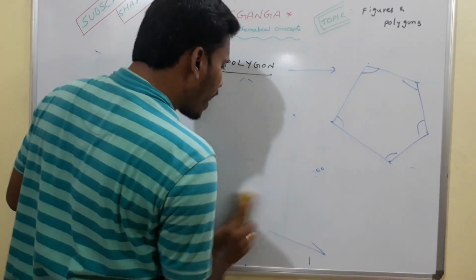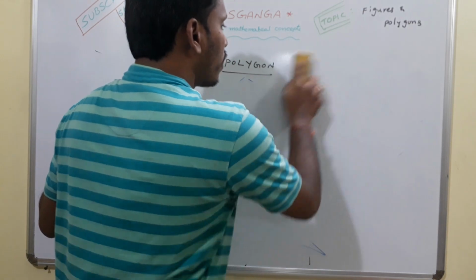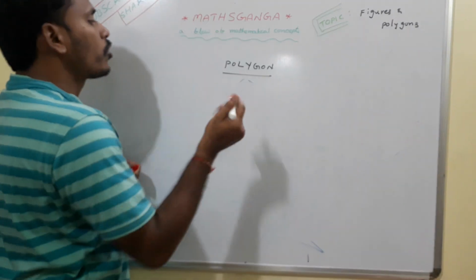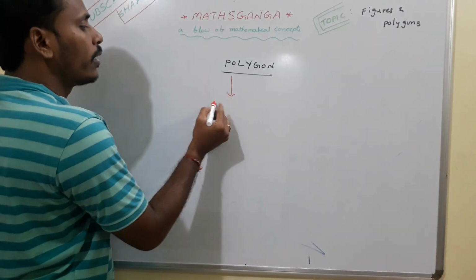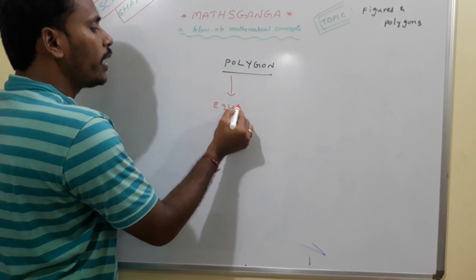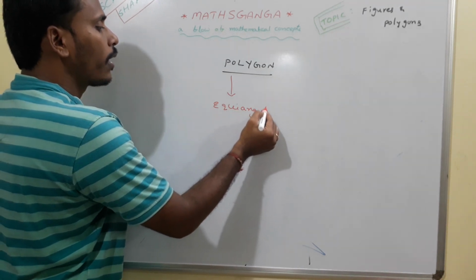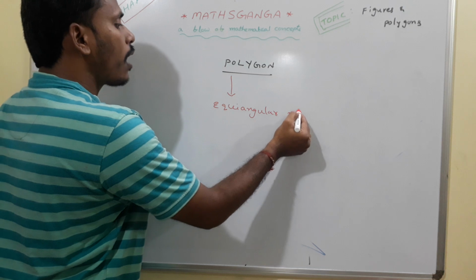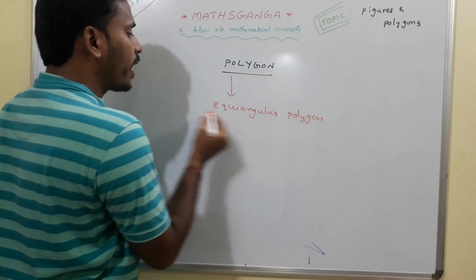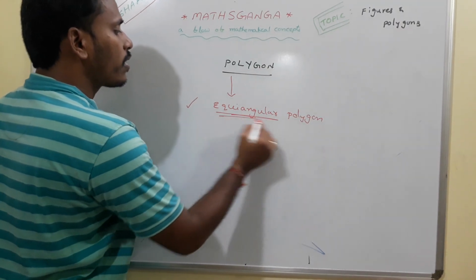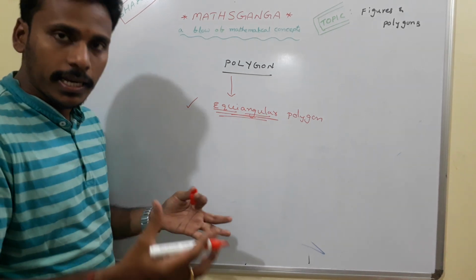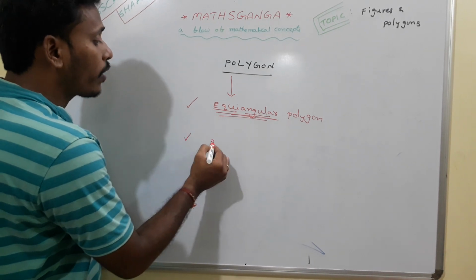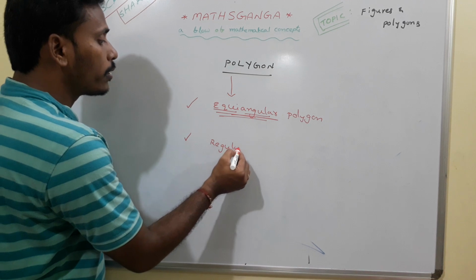And another classification is, there are some polygons in which all the angles are equal. Those polygons are said to be equiangular polygons. Equiangular polygons are the polygons in which all the angles are equal. The name itself is suggesting equiangular: all the angles are equal. And another classification is regular polygons.